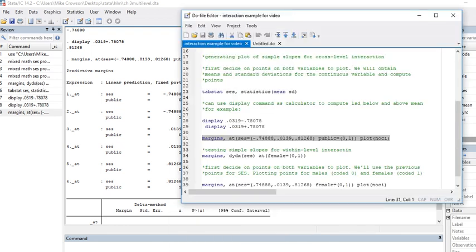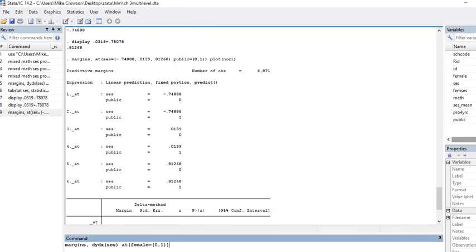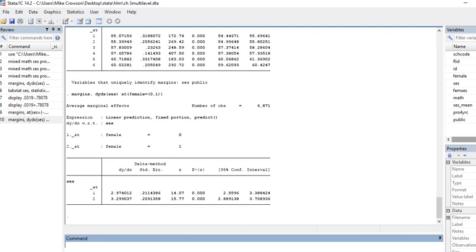Now, let's say we want to look at the within level interaction, or the interaction between the two predictors at level 1. So in this case, I'm going to use the margins command again to generate simple slopes and the test of those slopes. And I'm using the female variable coded 0 for male, 1 for female. So when I press enter here, you'll notice that I get the simple slopes.